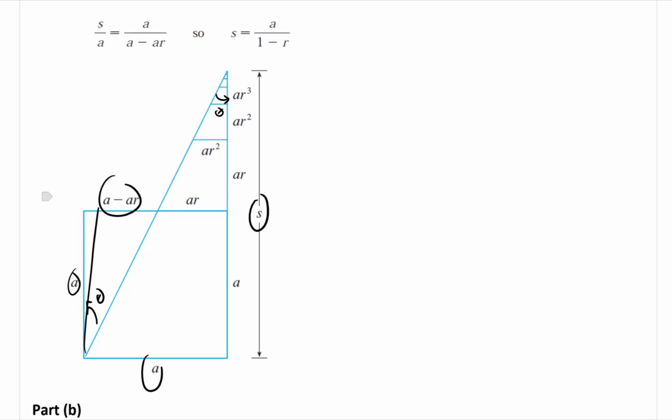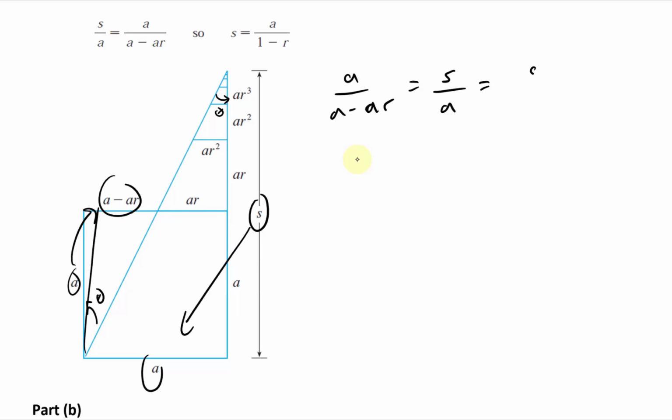So again, you have it written right here. The ratio is a over a minus ar equals S over a. Now for this part, I'll factor out the bottom: a times 1 minus r.